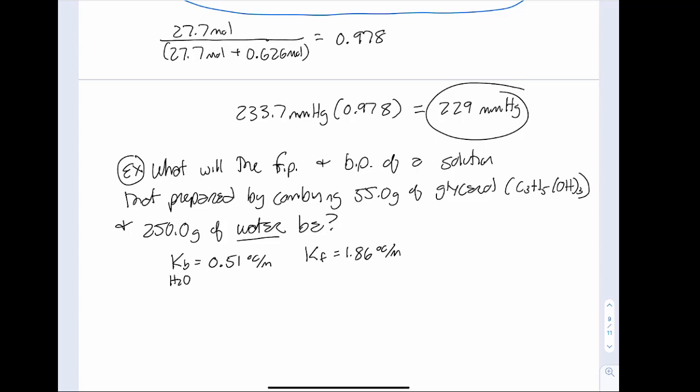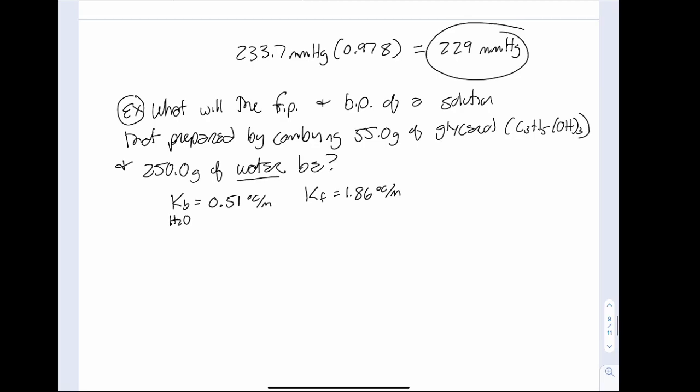Because it's water, we do know our initial boiling point, right? The boiling point of water in Celsius is 100 degrees, and our freezing point is 0. So once we calculate our change, we will then add or subtract from the boiling point and the freezing point to calculate the new temperatures.